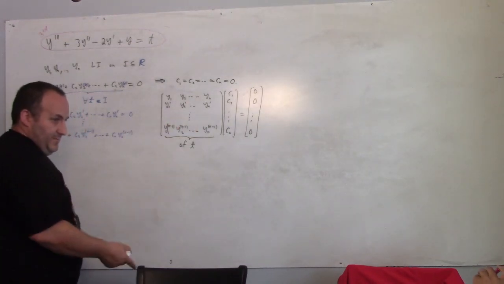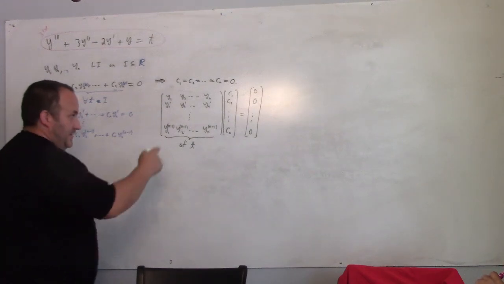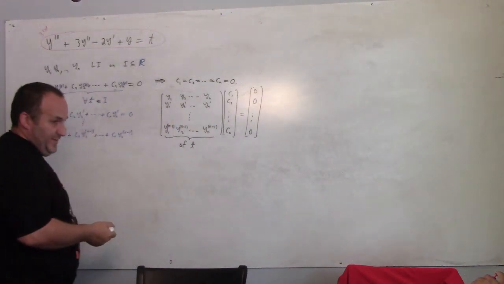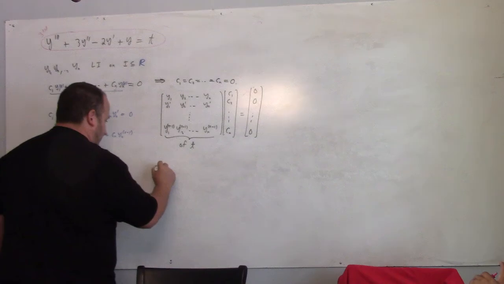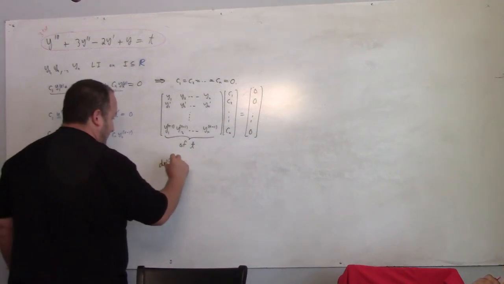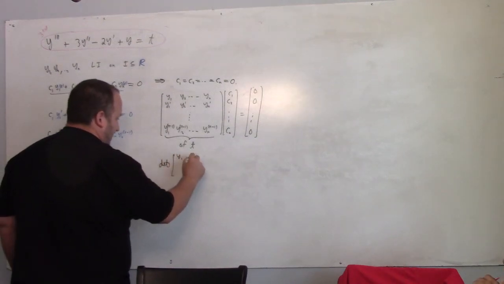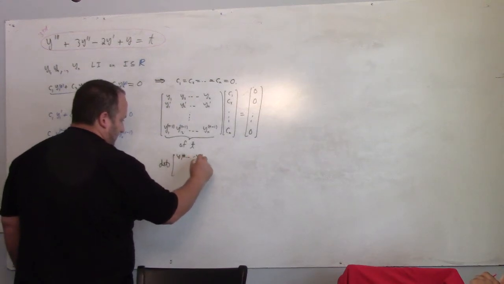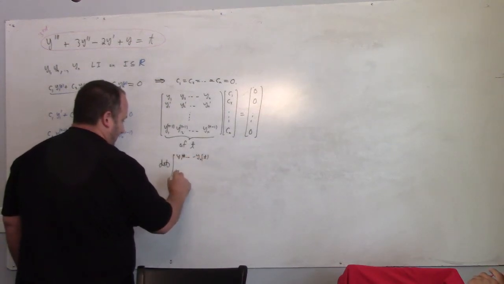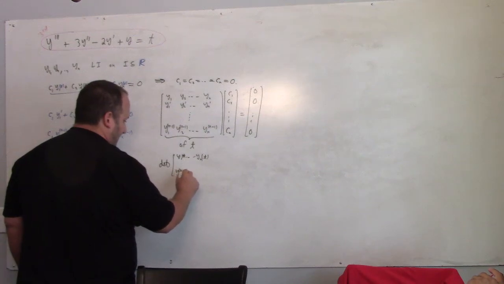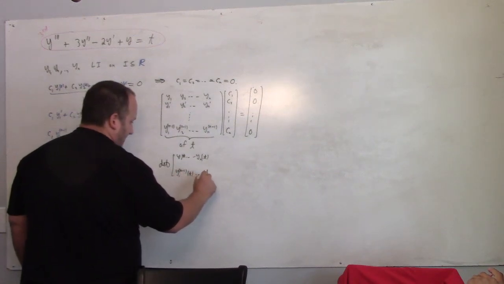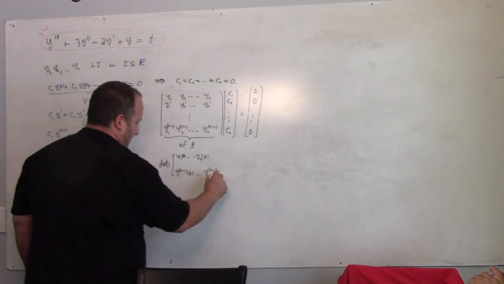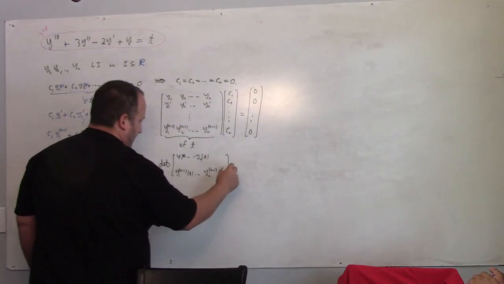Therefore, for all such t, this is an invertible matrix. So the determinant of that matrix, I'll put the t in here explicitly, is not equal to 0.